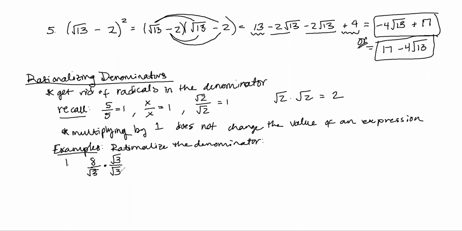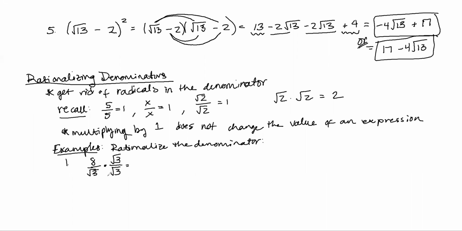But by multiplying by the radical that you have in the denominator, so it should always match what you have down here, except for the case where we have addition and subtraction, and we'll check that out in the next section of examples. That's where conjugates will come into play. This should always get rid of the radical, and it won't change the value. It'll change how it looks, but it will not change the value.